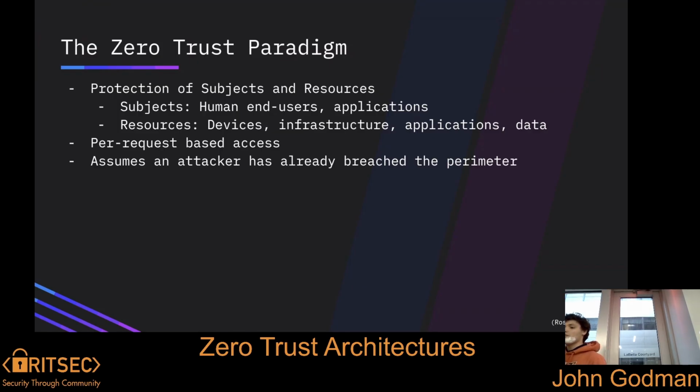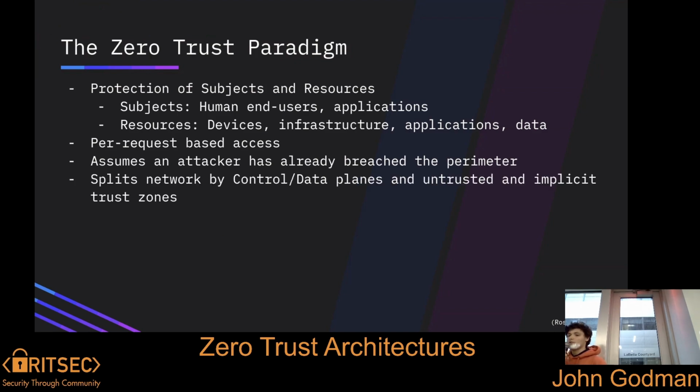So these architectures are split up logically by the control and data planes, as well as the untrusted and implicit trust zones, which we'll see later. This is typically done using logical network separation, like VLANs, but there are definitely other ways to do it. I won't touch on them because they can get pretty complicated.